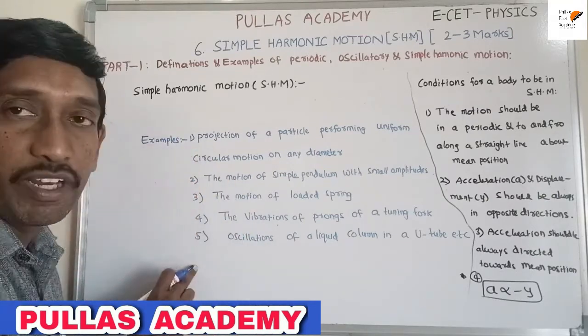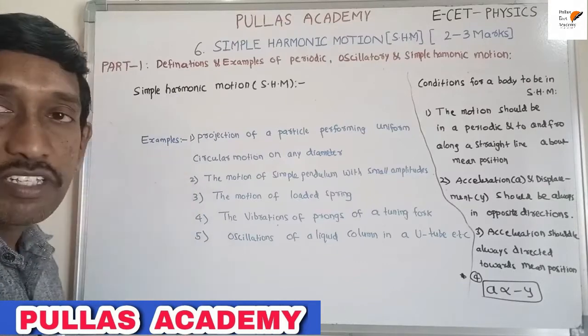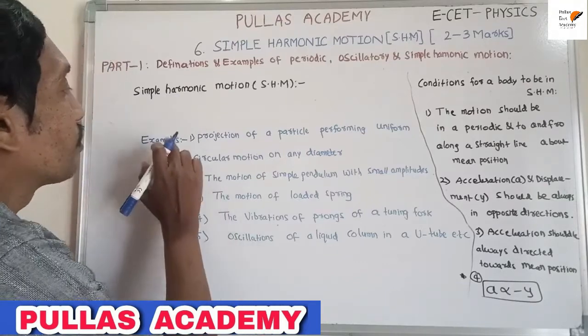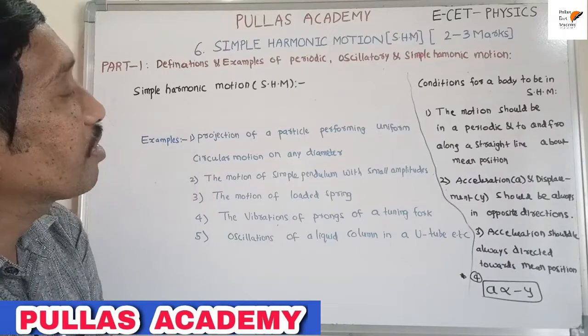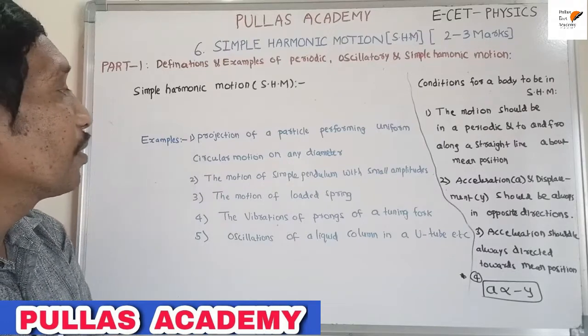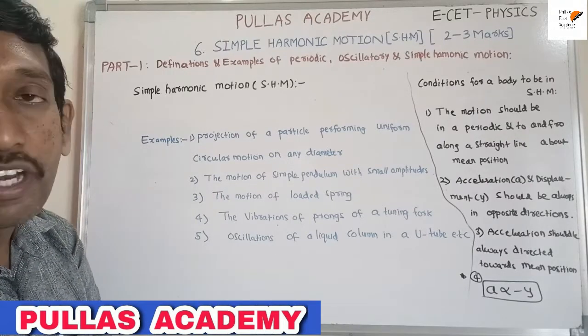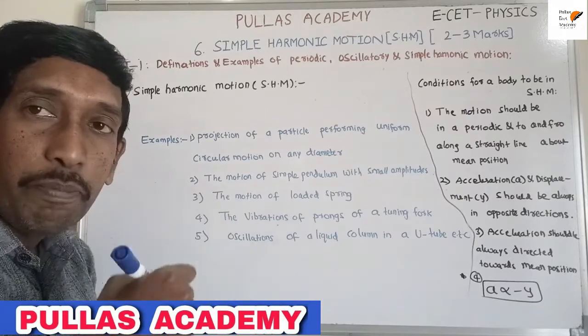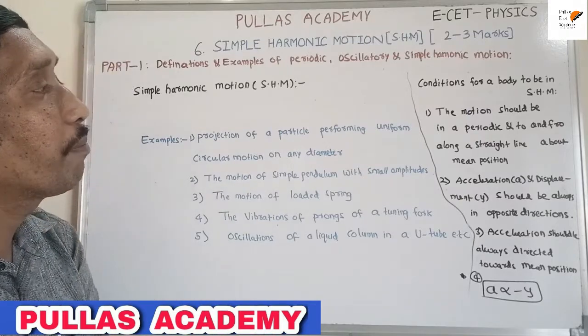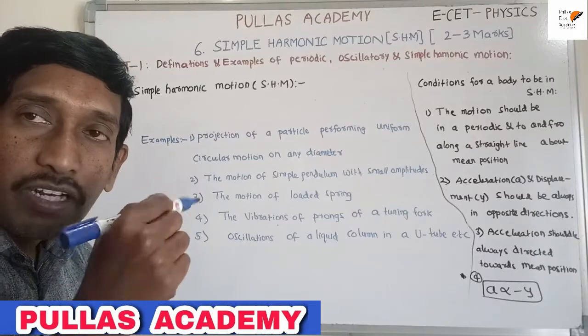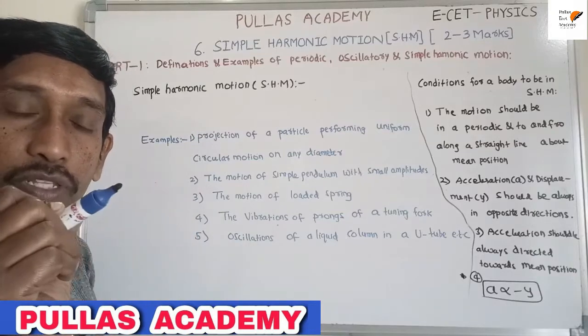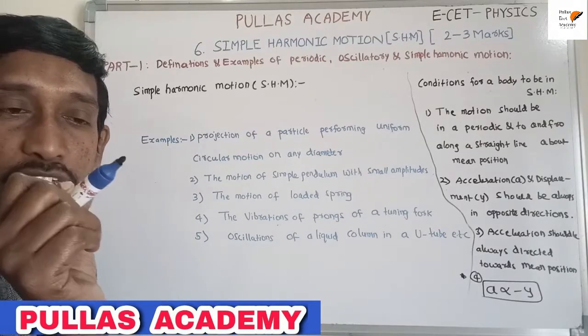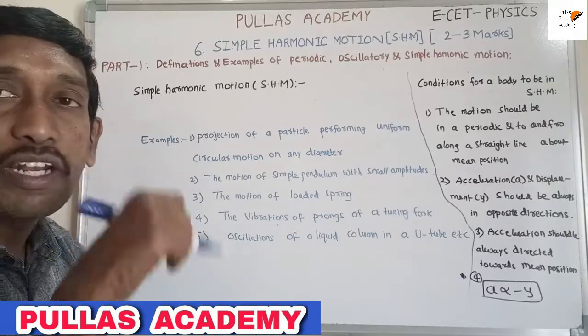So examples are very important here, and we will discuss these examples clearly. One example is the projection of a particle performing uniform circular motion on any diameter. Suppose one particle is in uniform circular motion; its projection means the perpendicular line on the diameter.